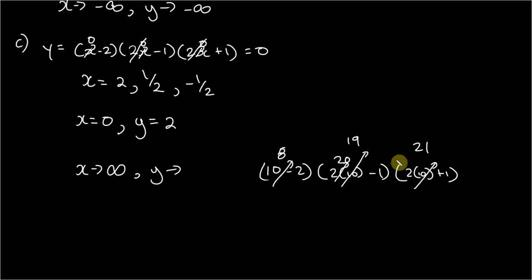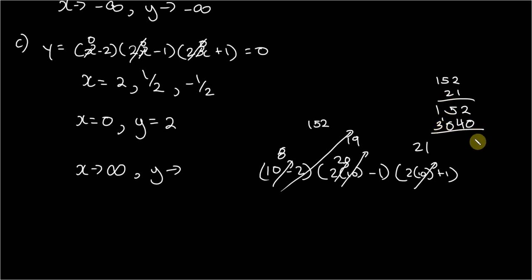8 times 19 is going to be 152. I don't know this next one off the top of my head, so 152 times 21. We've got 2 times 1 is 2, 5 times 1 is 5, 1 times 1 is 1, then 2 times 2 is 4, 5 times 2 is 10, carry over the 1, 1 times 2 is 2, that's 3.